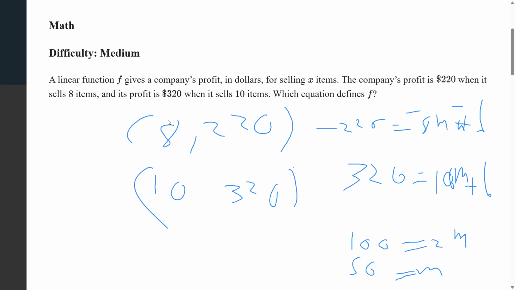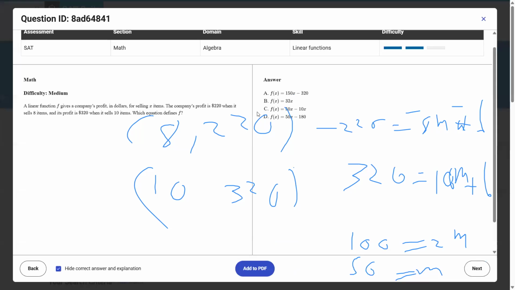Let's do that. 320 minus 10 times 50, b will be negative 180. So the answer should be D.